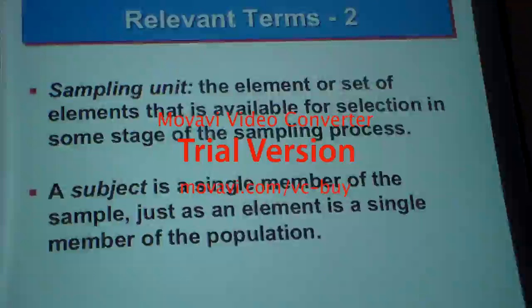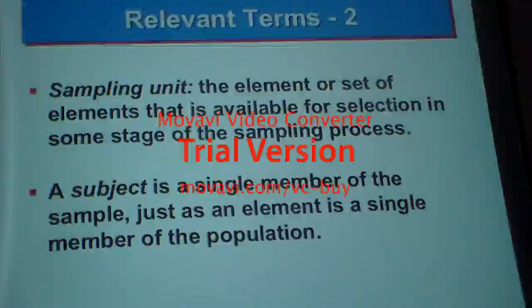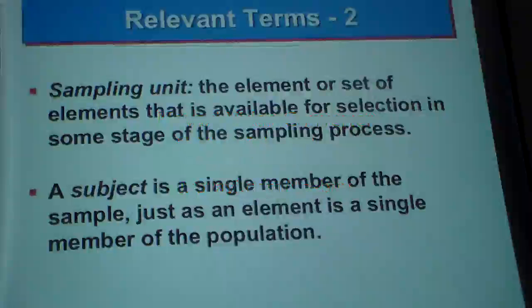What is the attribute of a subject? It's just an element, but it is selected in the sample. Why is it named subject? They just call it subject. It's just a term.